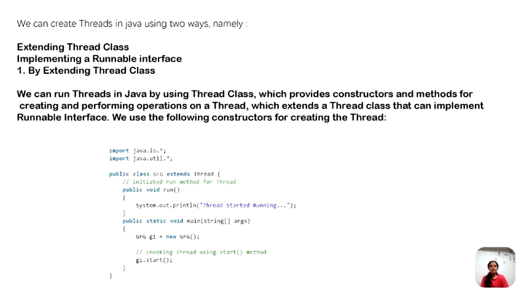We can also create threads in Java using two ways: by extending the Thread class, or by implementing the Runnable interface. We can run threads in Java by using the Thread class, which provides constructors and methods for creating and performing operations on a thread, and which extends the Thread class that can implement the Runnable interface. We use the following constructors for creating the thread.